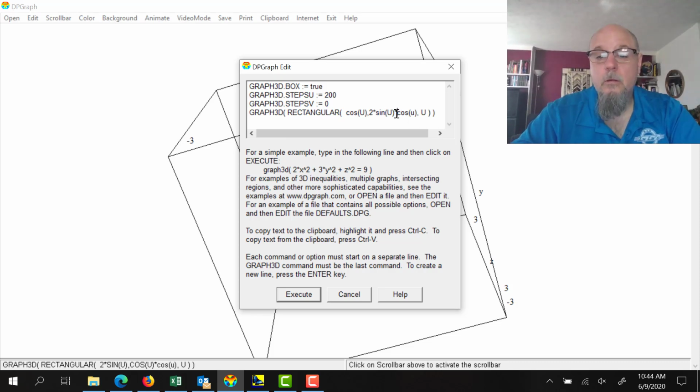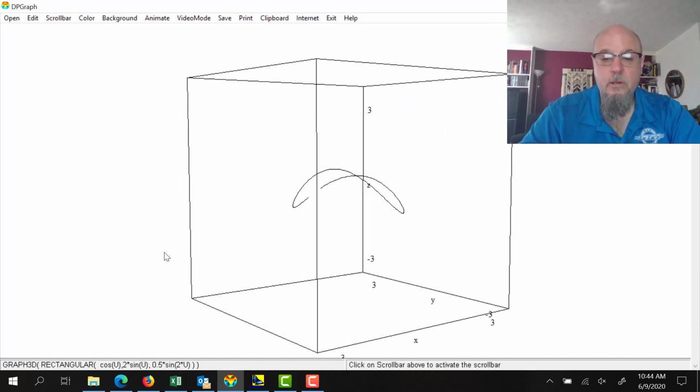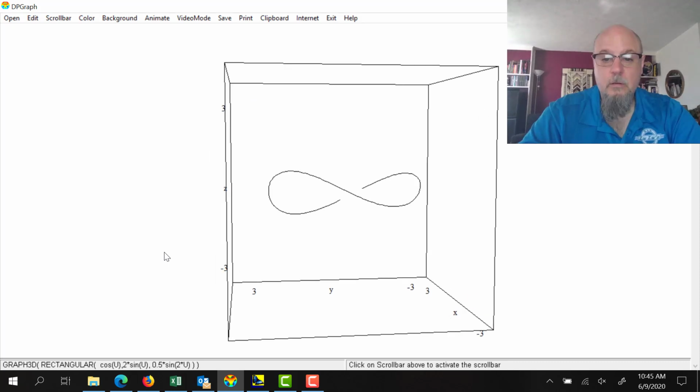And the z is equal to 1/2 sine of 2 times the parameter. Okay, it looks like the edge of a Pringles chip.